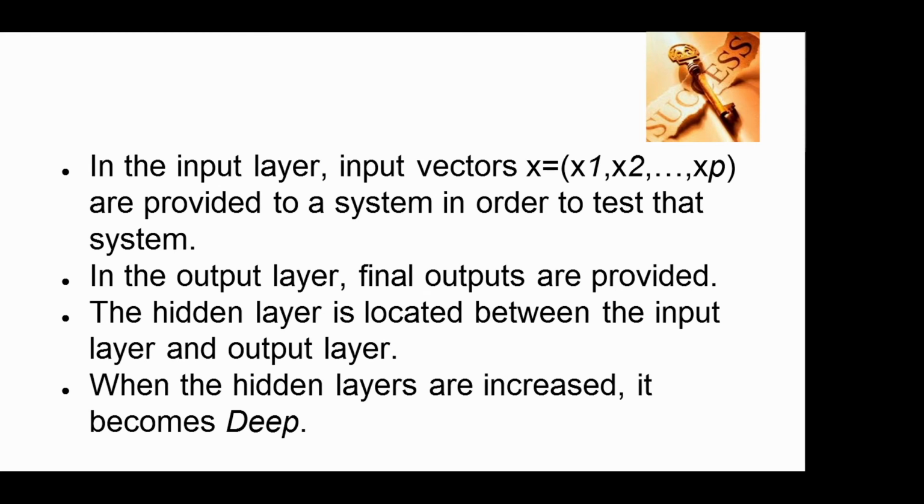So in the input layer you have a number of inputs: x1, x2, x3, and so on. Then some weights are initialized by the model. This is the internal process: w1 x1 plus w2 x2 plus and so on.